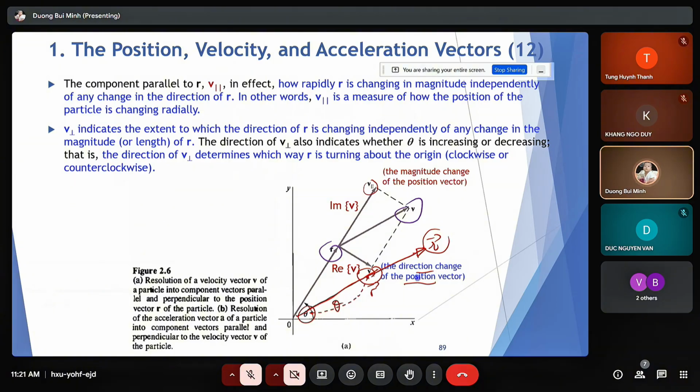So R should be here. The magnitude of this is RF, this one is RI. And because the direction changes, it will follow clockwise direction. So this is theta I, this is theta F. The theta F is less than theta I. You read me? So after some time, delta T, you get here RF.